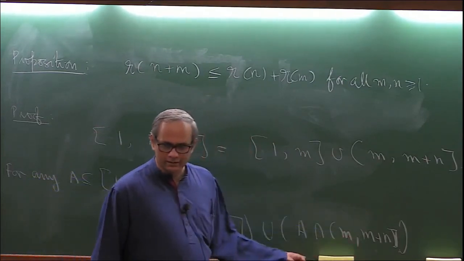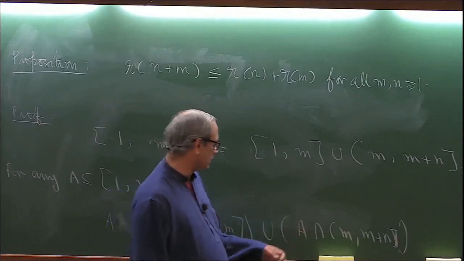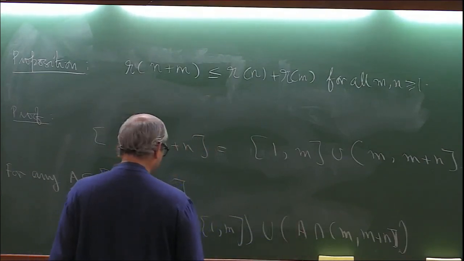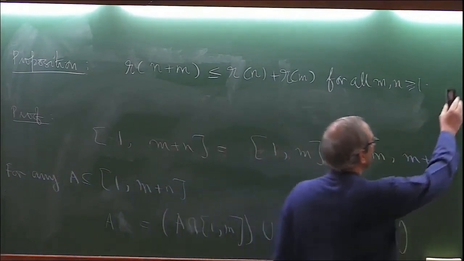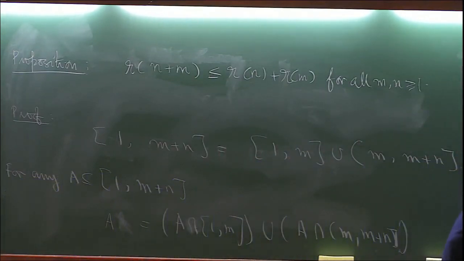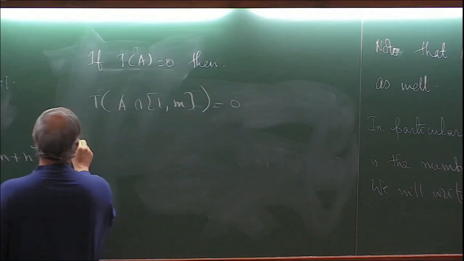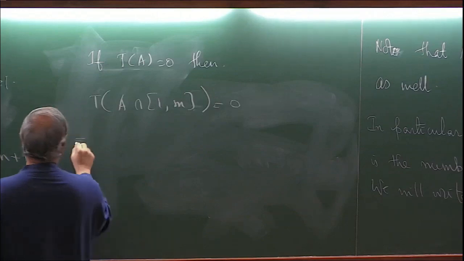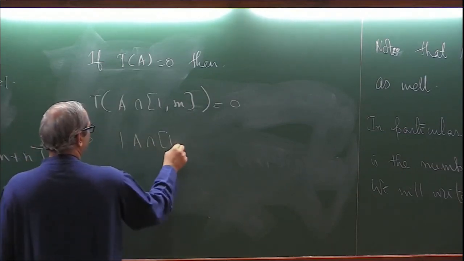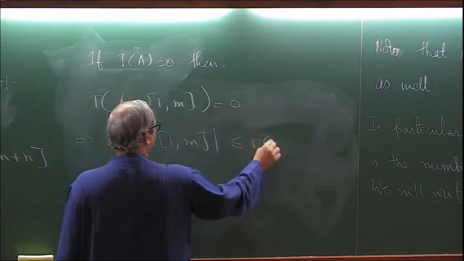Since APs are invariant under translation, you can translate this back. So if T of A is 0, then T of A intersection 1 to m is 0, hence the cardinality of A intersection 1 to m is less than or equal to r of m.